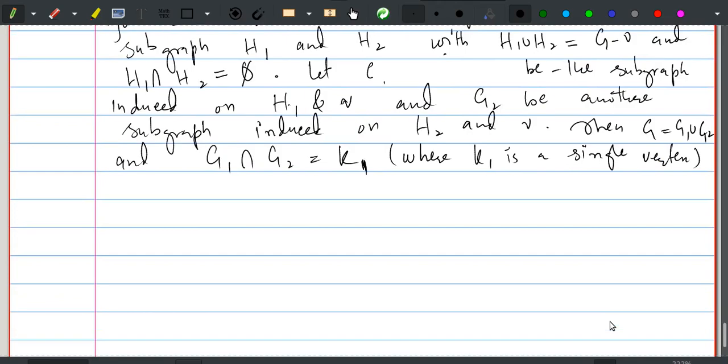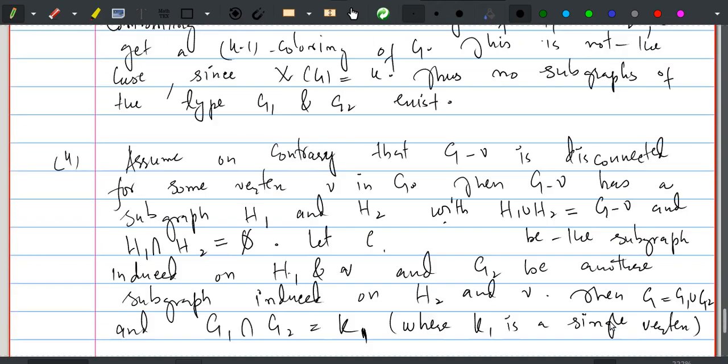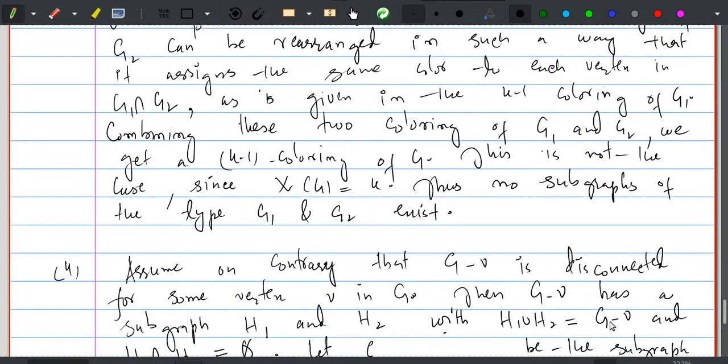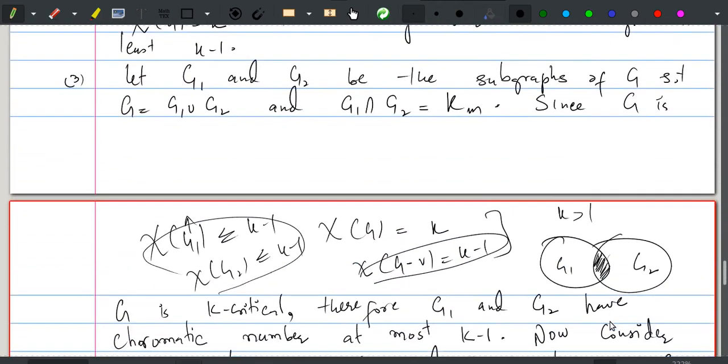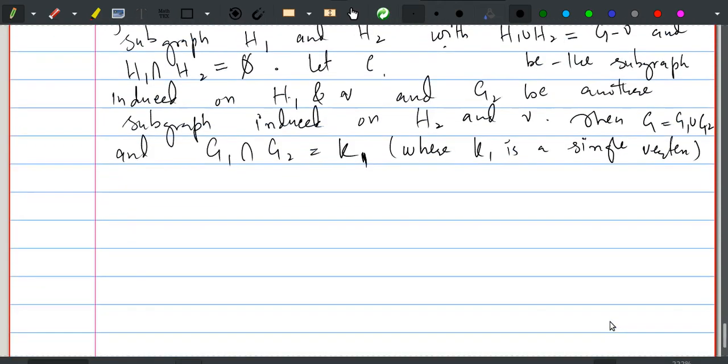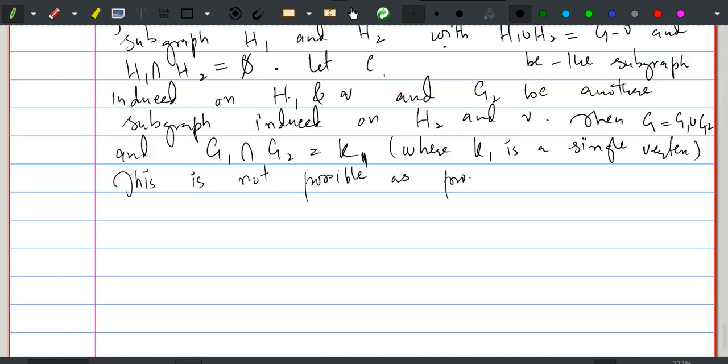So this is not true, since we have proved in item 3 that no such subgraphs exist. So this is not possible, as proved in item 3.